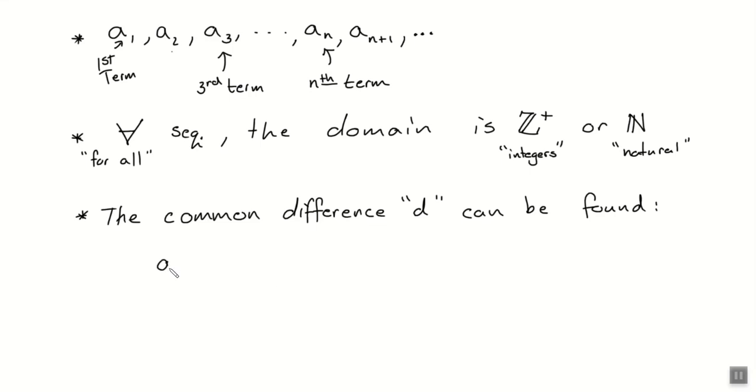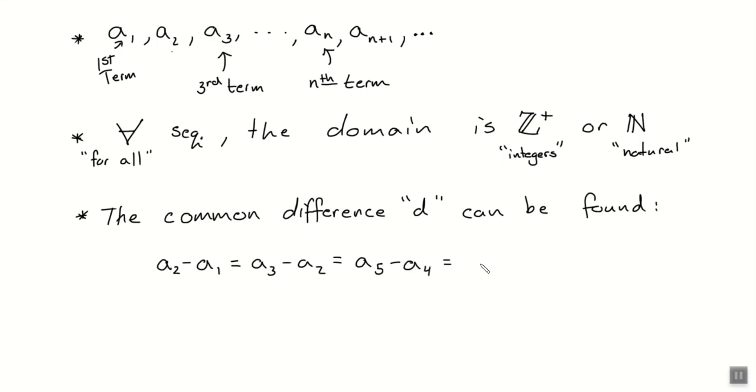So here we go. If I wanted to take a sub 2 minus what term is right before the second? There's an obvious answer. I'm not trying to trick you. The first. Okay, whatever I get with this subtraction is going to be the same throughout the whole thing. A2 minus A1 gives me some number. It is the same number as A3 minus A2. It is the same number as A5 minus which term? A sub 4.